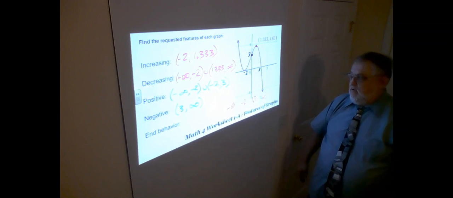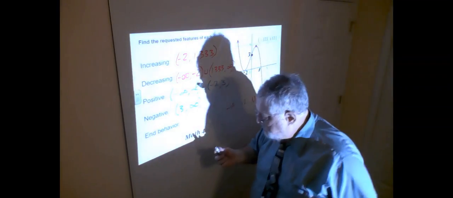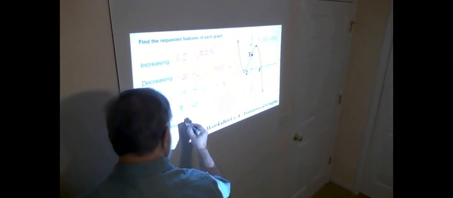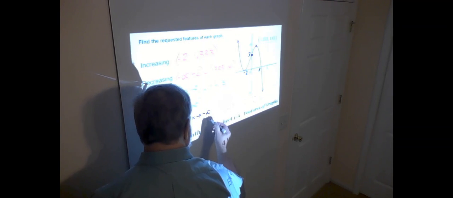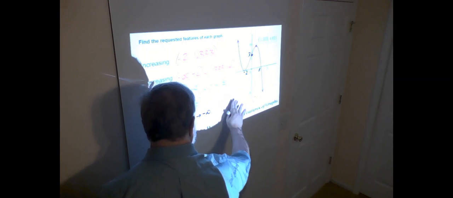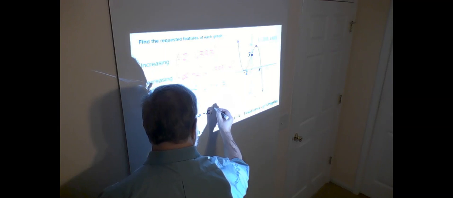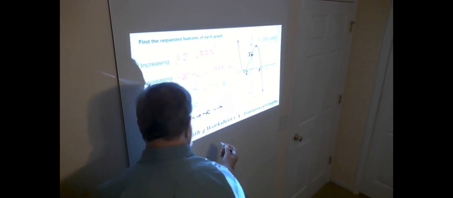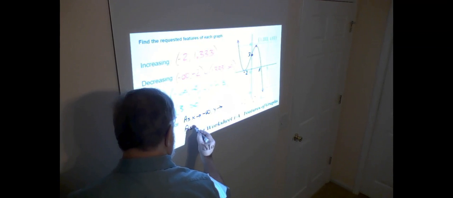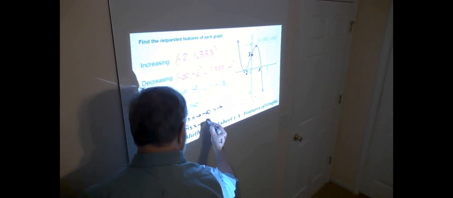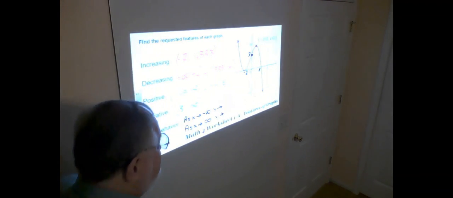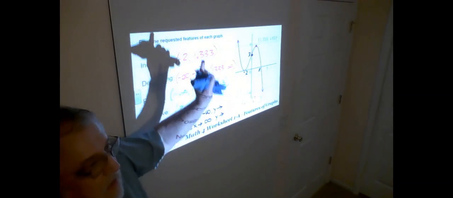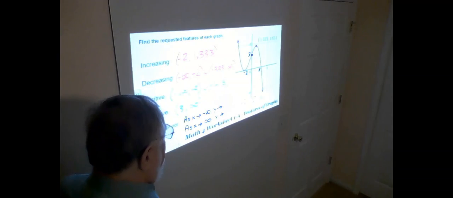And then the end behavior. I'm going to start with as x approaches negative infinity, y approaches, and we'll figure that out in a second, and as x approaches positive infinity, y... As x is approaching negative infinity, y is going up, y is going toward positive infinity.